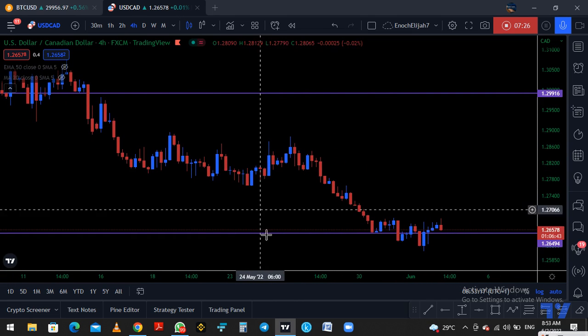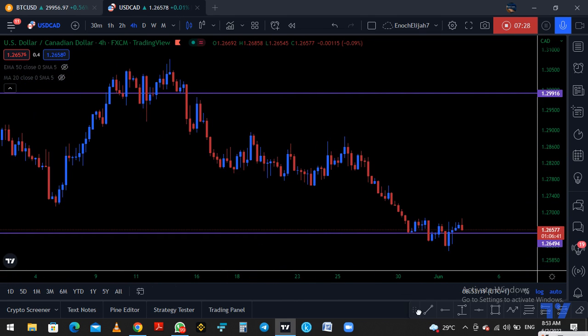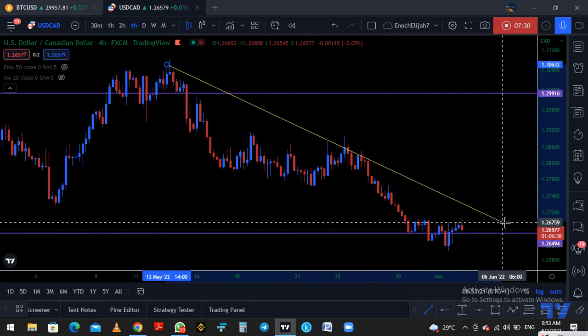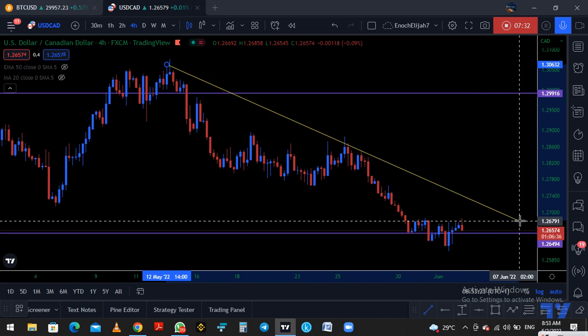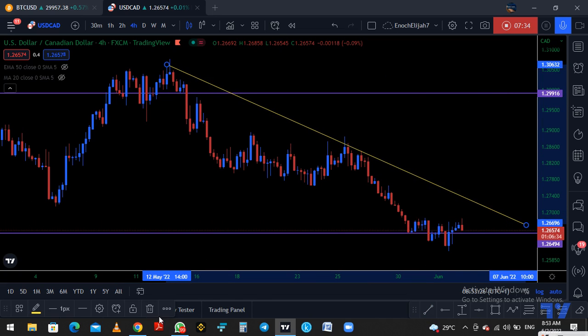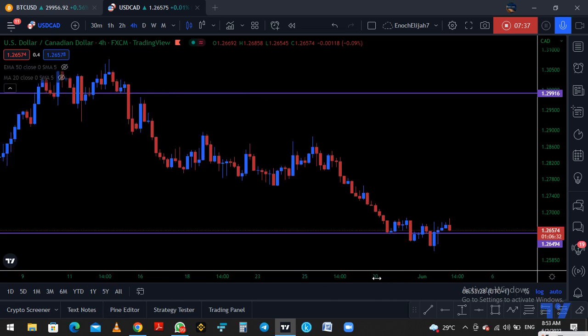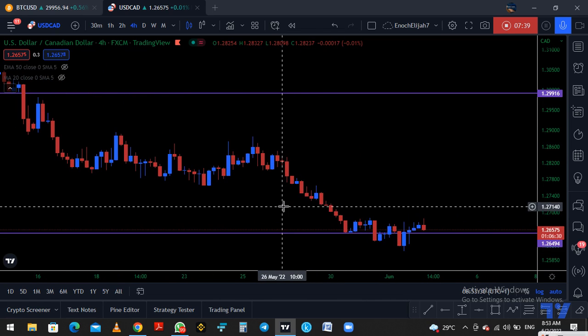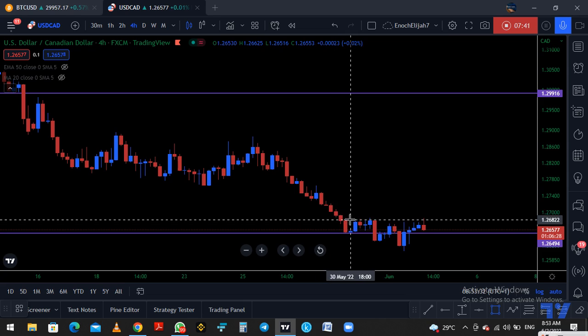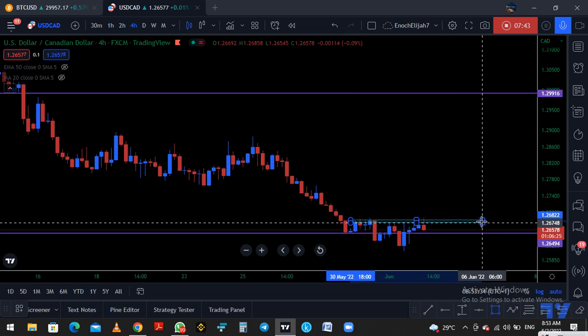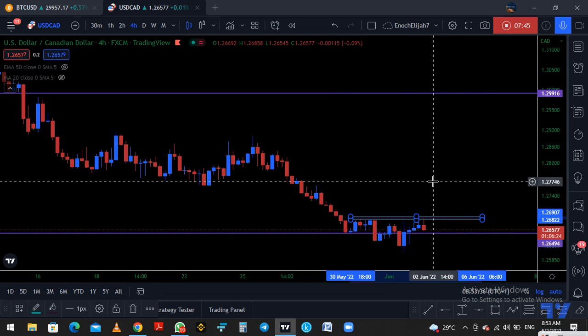So here we're on a downtrend on the 4 hours. We put in your trend line. You will say we're on a downtrend like this. So what am I looking for? If I want to take a buy on the 4 hours time frame, I'll be looking for a breakout of this tiny zone and a retest of it.